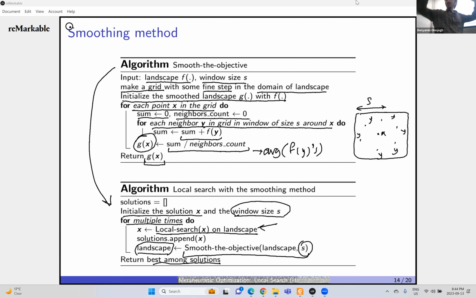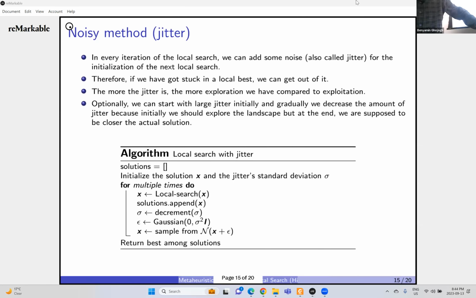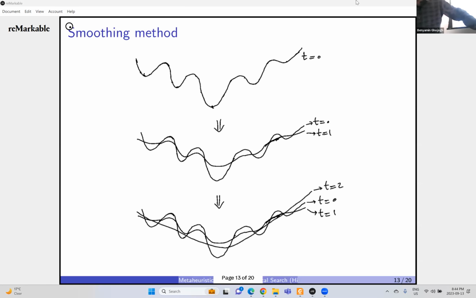I think it's better to be dynamic. Why? Can you tell me one thing? Here, for t equals 1, I have less smoothing. Gradually, I want to smooth more and more. So I can smooth the smooth function, and it becomes a smoother one with a fixed window size.